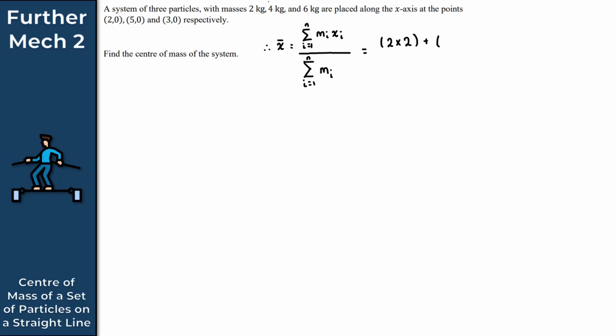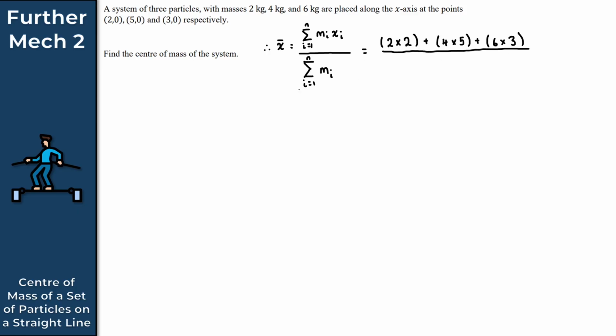For the next product, we get 4 times 5, because our perpendicular distance is 5 and our mass is 4. So we get 4 times 5, like so. And then finally, we've got one more particle to deal with. The mass here is 6, and we multiply that by the perpendicular distance of 3. Perfect. So this gives us our numerator. We'll simplify that in just a moment.